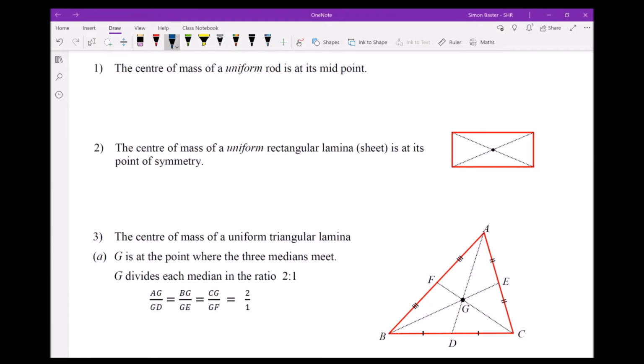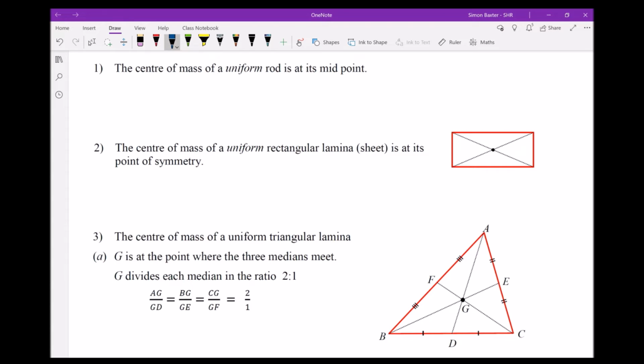Okay, let's summarize the results that we've just seen. The center of mass of a uniform rod is at its midpoint. That's just common sense. The center of mass of a uniform rectangular lamina, or sheet, is at its point of symmetry. More common sense. And then something which is a little bit more significant.